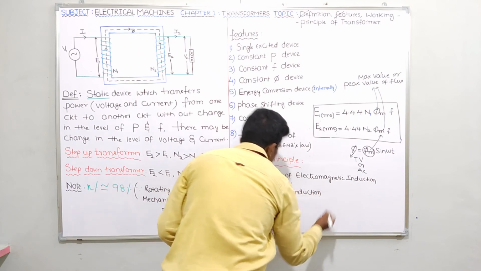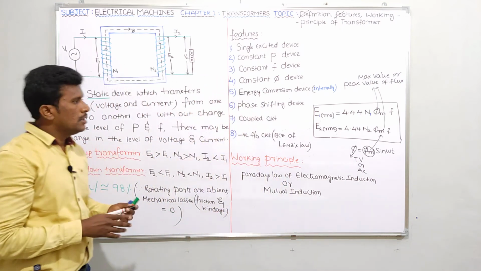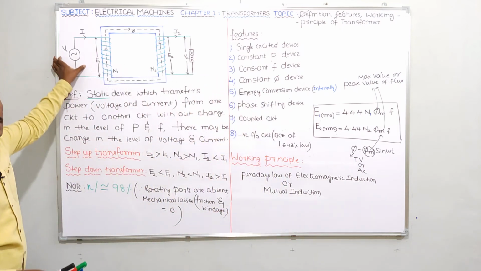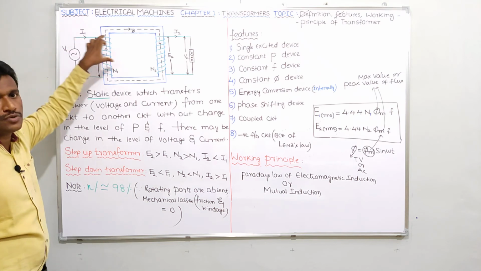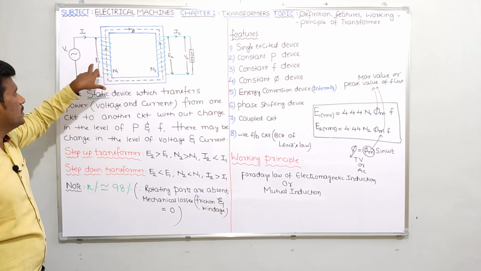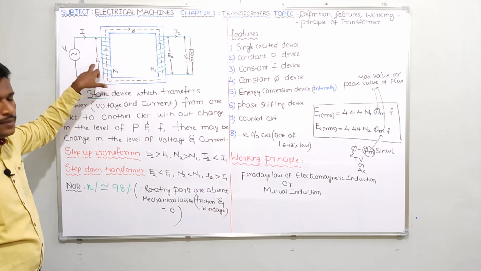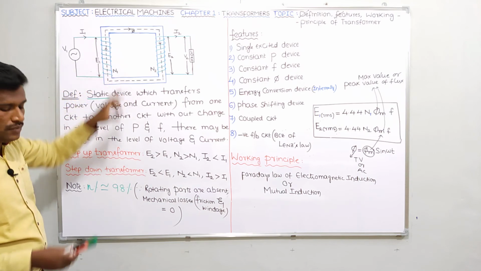I already explained, but let us see once again. If we connect a time variant voltage source, current taken by the transformer is time variant, and flux produced in transformer core is time variant. It links with the primary winding, which has N1 turns.